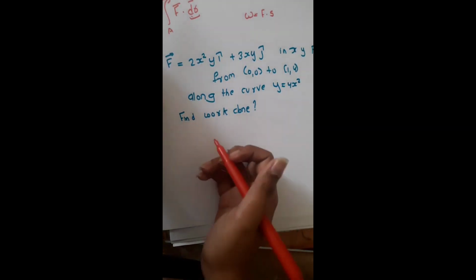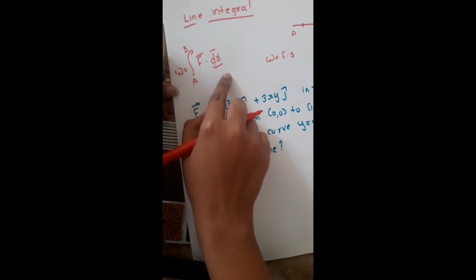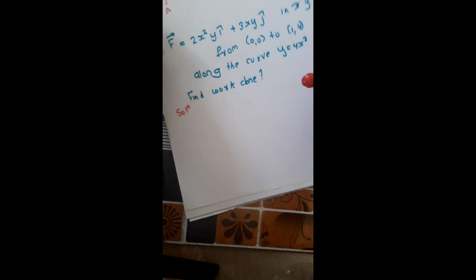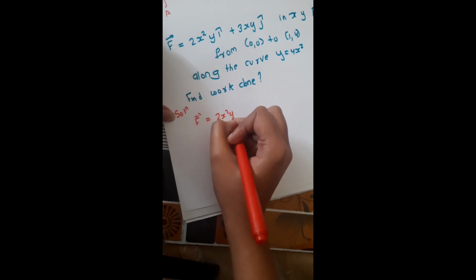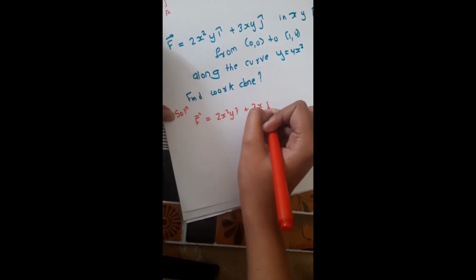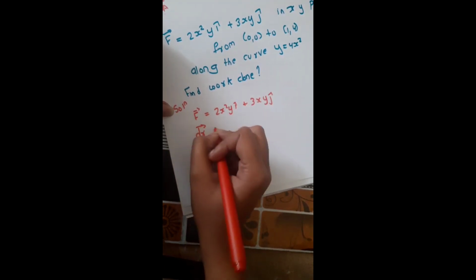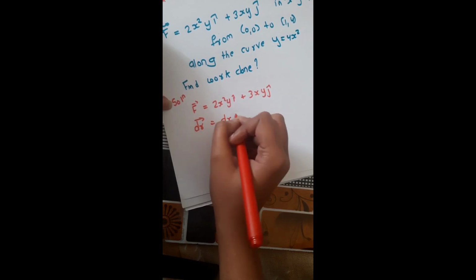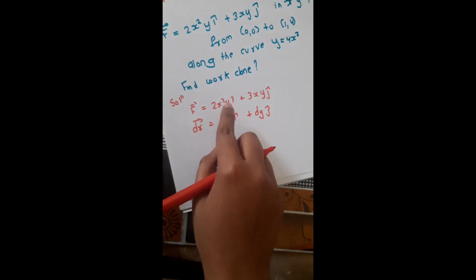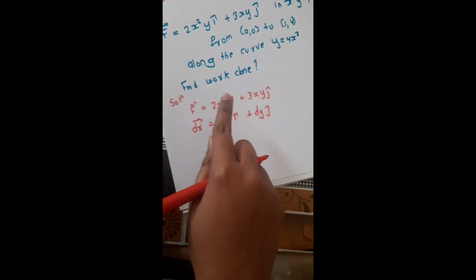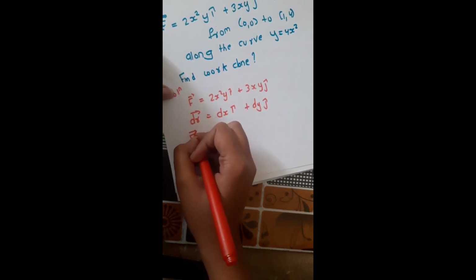For this, we know that work done is nothing but the integration of F dot dr. So what is our F? F is nothing but 2x square y i cap plus 3xy j cap. What would be our dr? dr is nothing but dx i cap plus dy j cap. Because our force vector is just in the xy plane, we are just using dr of the xy plane. So what will be F dot dr?